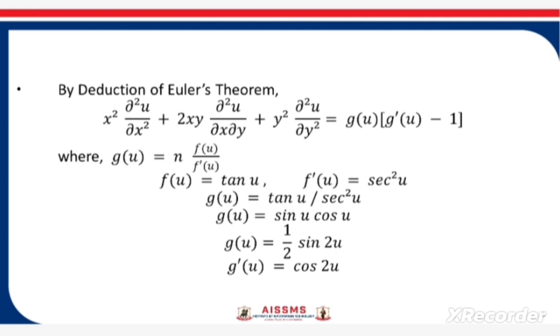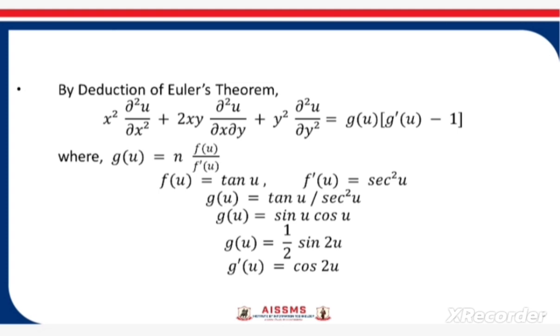We know that f of u is tan u, so we need to find the derivative of f of u. The derivative of tan u is sec square u, so f dash of u is sec square u. Now we find g of u. G of u is n into f of u divided by f dash of u. Here the value of n is 1. Now we put f of u and f dash of u: tan u divided by sec square u. Let us simplify this.